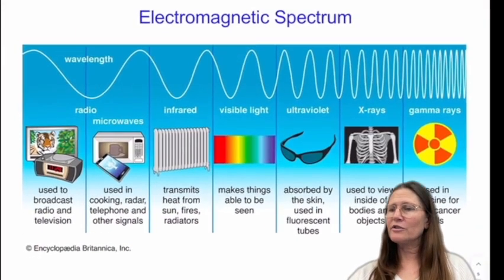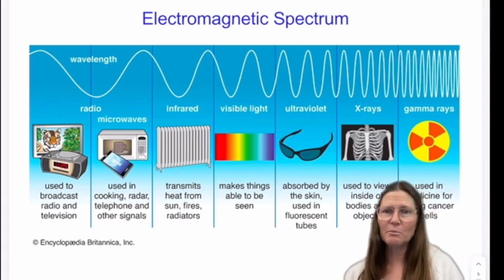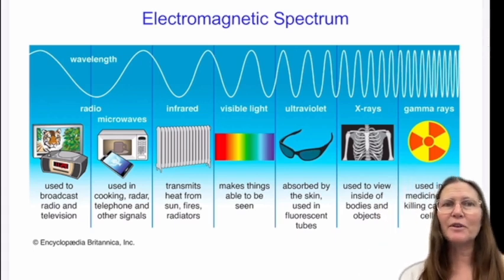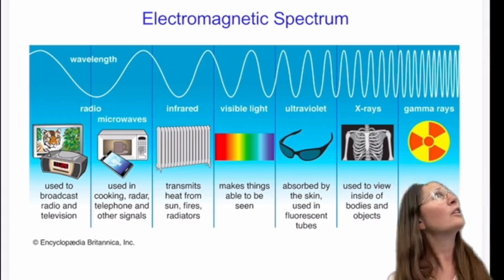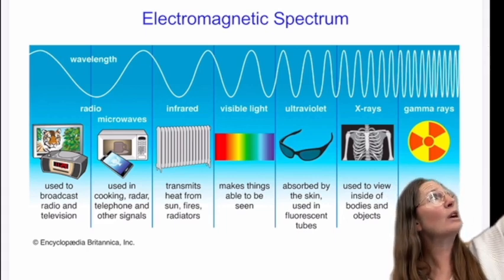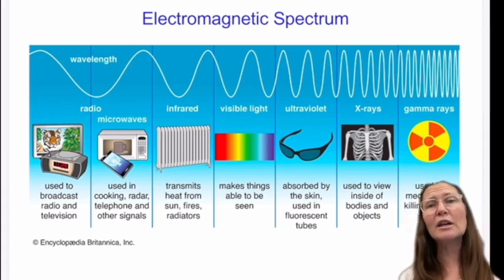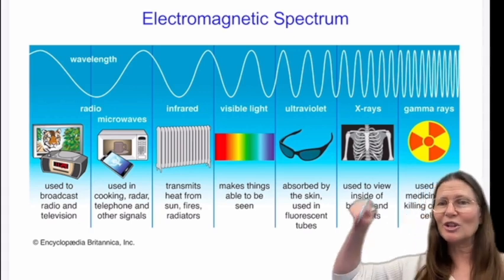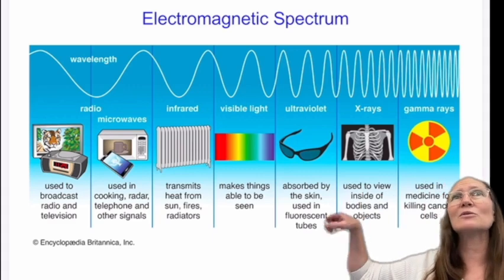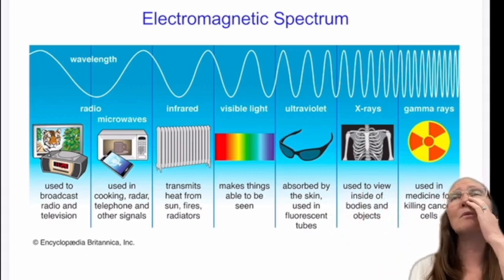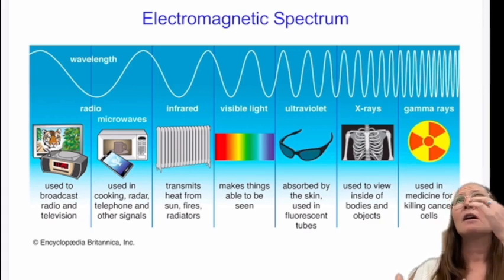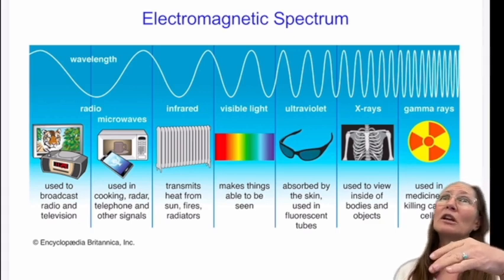There's this electromagnetic spectrum where you have specific frequencies. Radio is in the lower range, and then you're going to see a higher frequency with a lot more signals that go through. Remember, frequency is cycles per second if you're thinking about hertz.